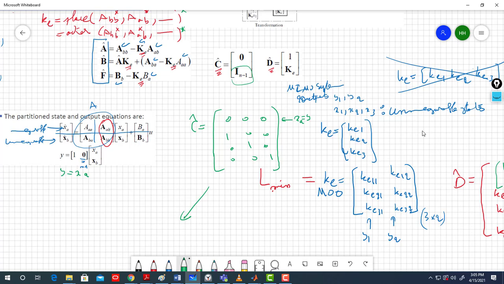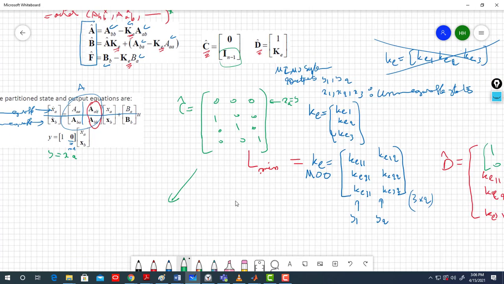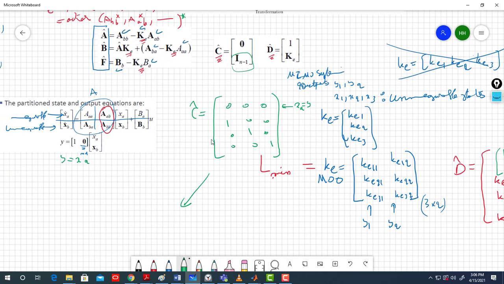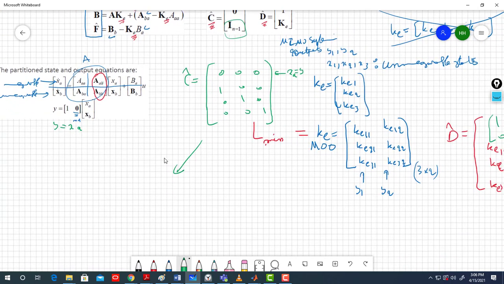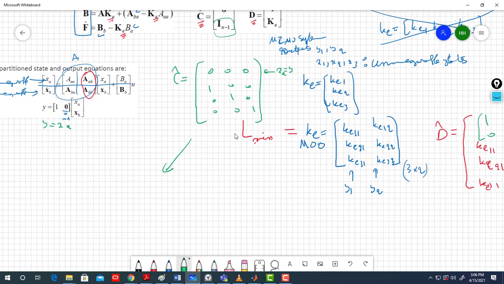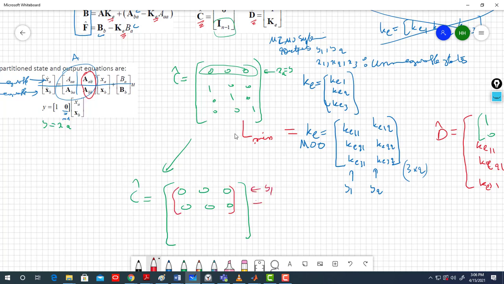If it is MOO, in which I have 3 unmeasurable states and 2 outputs, as in the example we took for D hat, let's do it for C hat. So what will be the difference? The difference here is that your C is not a vector, it will be a matrix of 0, right? And this matrix of 0, because one corresponds to y1 and the other to y2. And of course, you have the identity matrix.